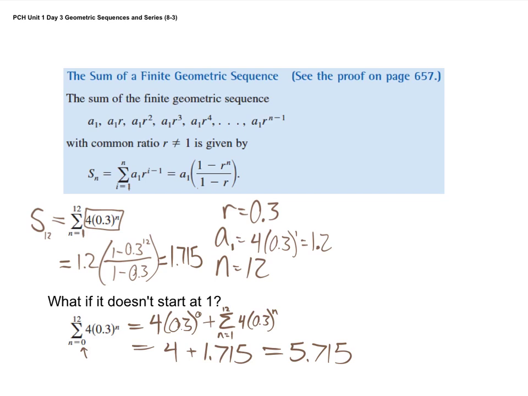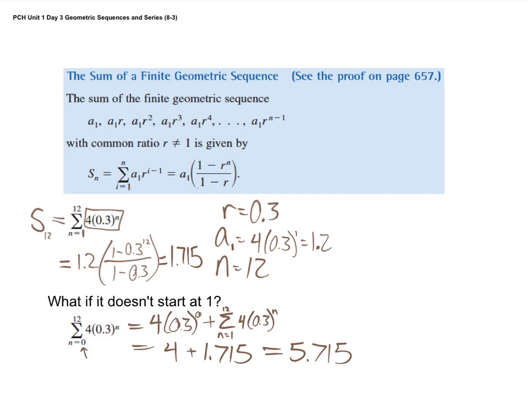What if it went from n equals 2 to 12? You could use your previous answer and just subtract a sub 1. So, this formula is really useful. You could even do this.